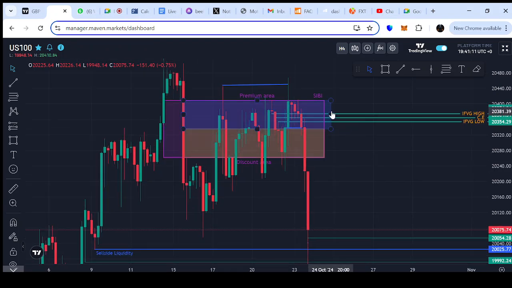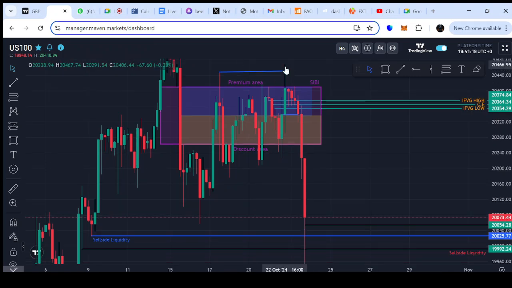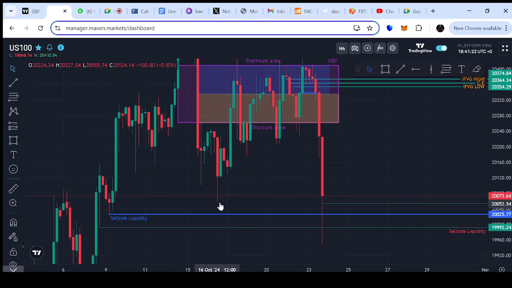You can see after trading and taking out this buy side liquidity, here is a buy side liquidity, the algo will seek for the next opposing liquidity. The opposing liquidity, that's the low resting below here. Here is a liquidity, here is also a liquidity.